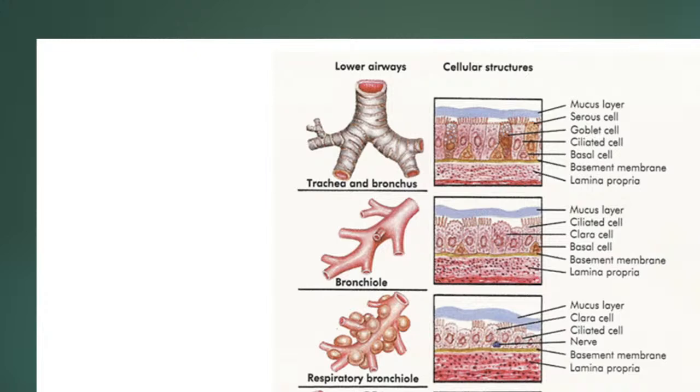There are just a few goblet cells, and glands and cartilage are absent. But smooth muscle cells form circular bundles, and this smooth muscle controls the diameter of the conducting passages.